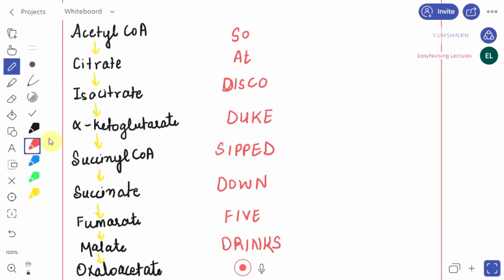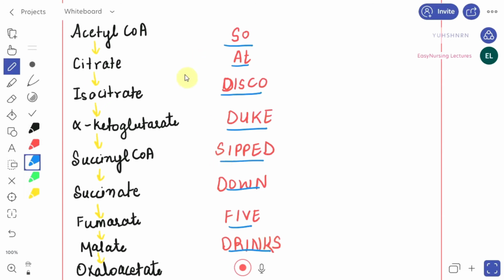Now we are going to talk about the enzymes that are involved in the Krebs cycle. Here I have written the Krebs cycle in a flowchart manner. A mnemonic to learn the enzymes involved is So At Disco Duke. You can remember any name from D. Sip Down 5 Drinks.